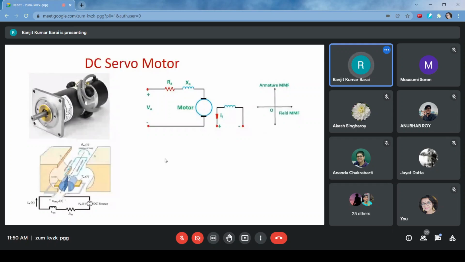So by design, we have reduced its diameter and increased its length. So the DC motor which has a longer and thinner configuration will be DC servo motor. Okay, of the same power rating. A DC motor, ordinary DC motor, and a DC servo motor.